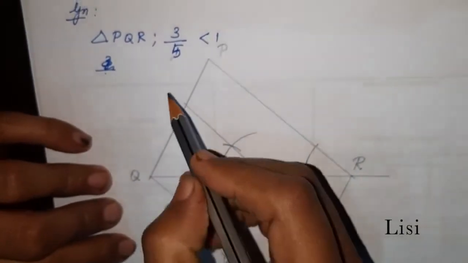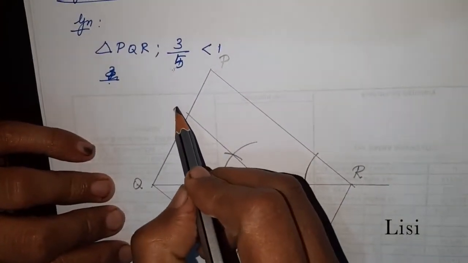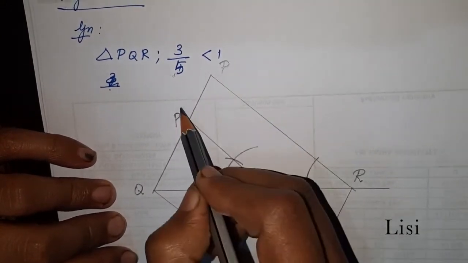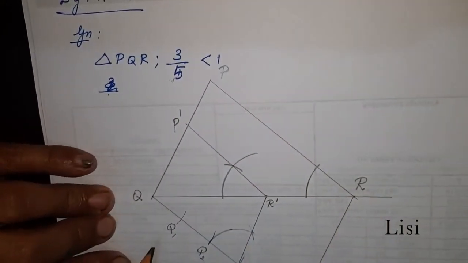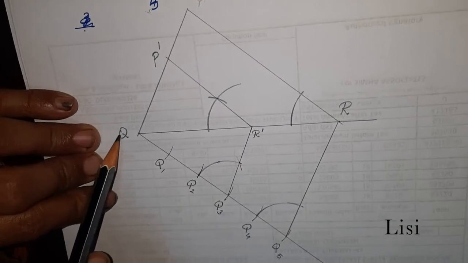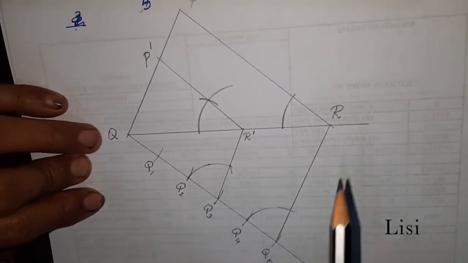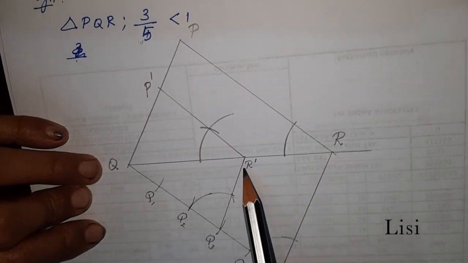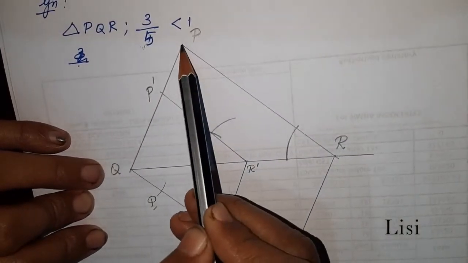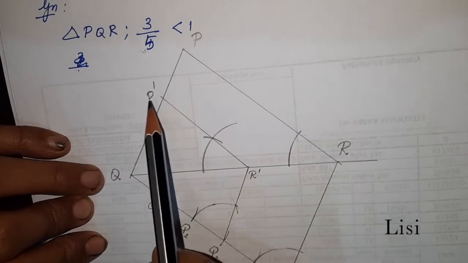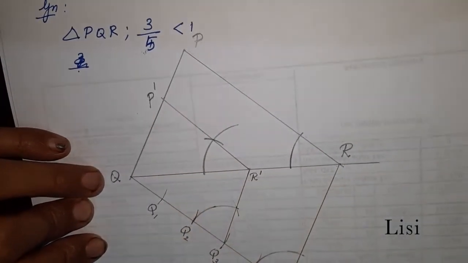And now this point you mark it as P dash. See here, Q, so here you are writing Q1, Q2, Q3. Here R, you are putting R dash. Here P, you are marking this as P dash.